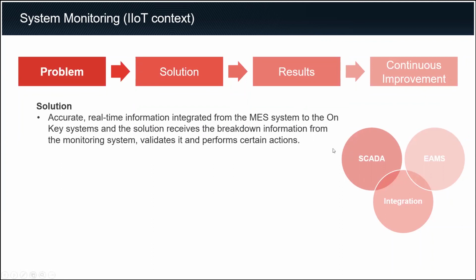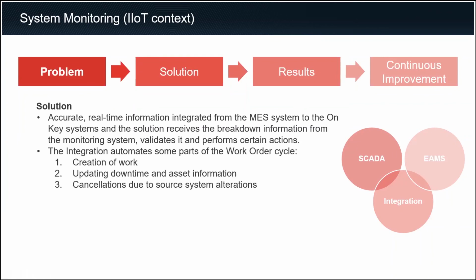The solution receives that breakdown information from the monitoring system, validates it, and performs certain actions. These actions typically are creating a work order, updating downtime and asset type information, as well as cancelling some of the work due to source system alterations, so someone realizing that it's not an applicable problem that they should look into.